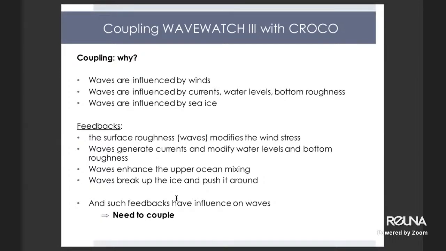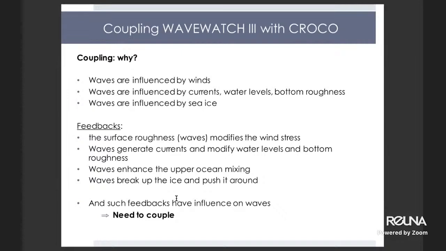In return, they feed back to a lot of fields. So the surface roughness is modified by waves and modifies the wind stress. The waves generate currents and modify the water level and the bottom roughness. The waves enhance upper ocean mixing, and the waves can break up the ice and push it around.